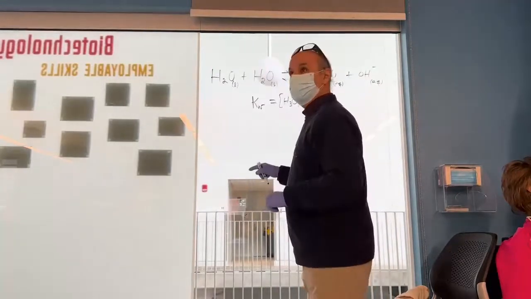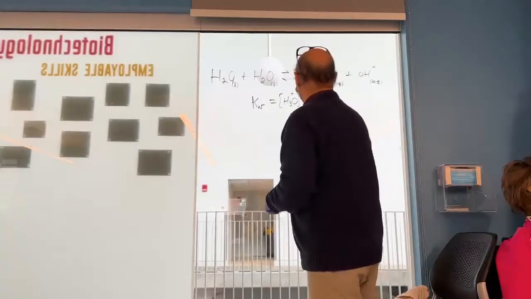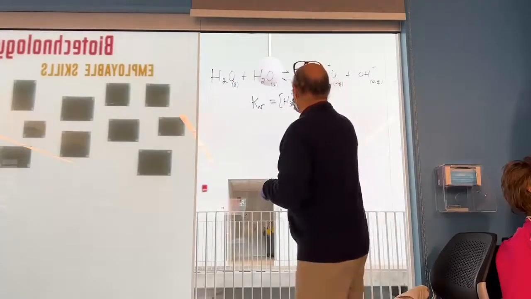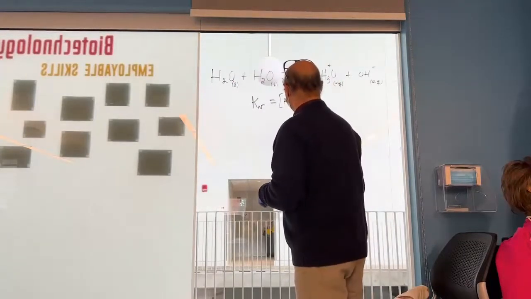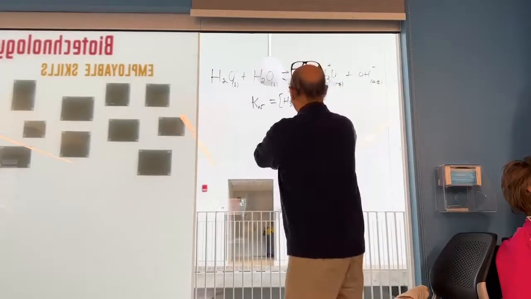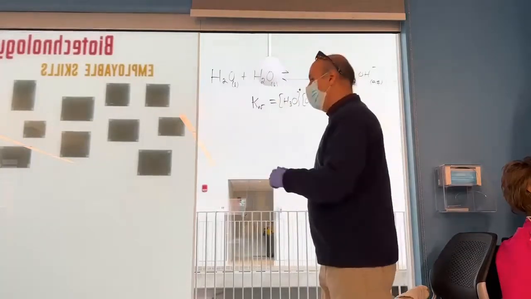Is that the H or the O? Which one? This one? Yeah, oh, I'm sorry, plus. This is on the ion. So I tend to put it on the H, but it's really on the ion, okay? In other words, I could put it out there. It doesn't matter.